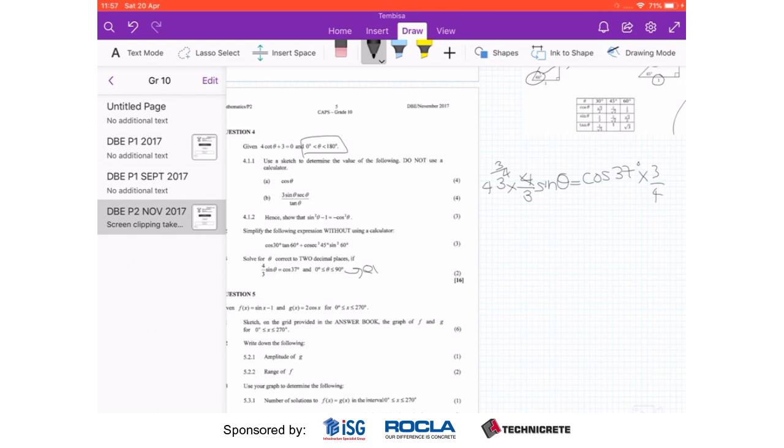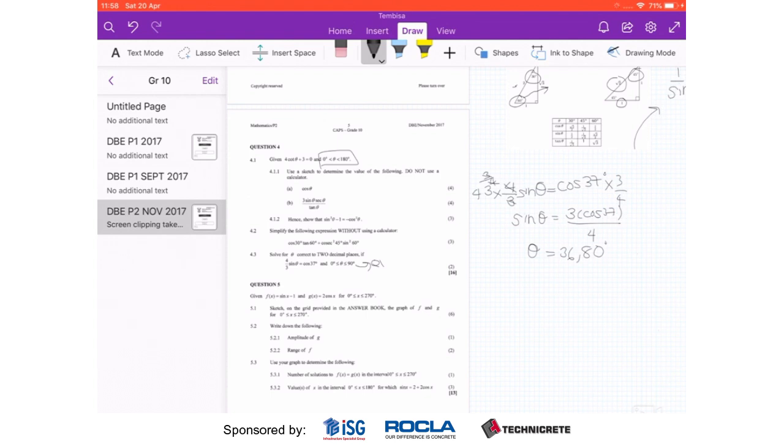This side is going to get rid of it. I'm going to get sine theta is equal to 3 cos 37 over 4. Shift sine and solve for it. So 3 over 4 cos 37, shift sine of that answer, and we get 36.80 degrees.